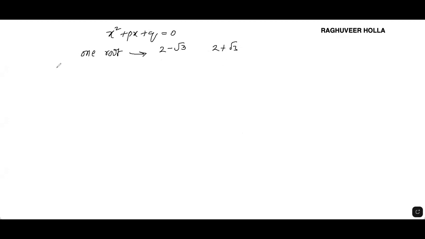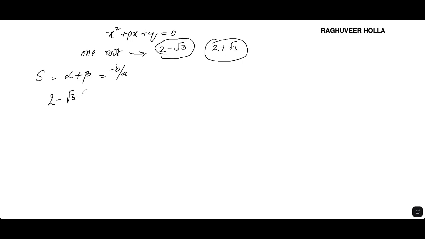So we know that the sum of roots, alpha plus beta, is equal to minus b by a. If you consider this as one root and this as another root, alpha and beta, then 2 minus root 3 plus 2 plus root 3 is minus b by a.